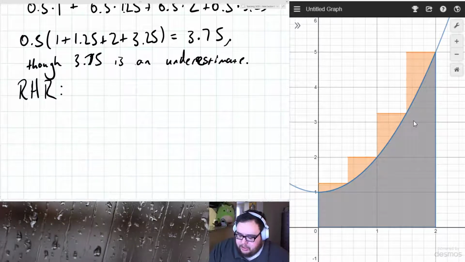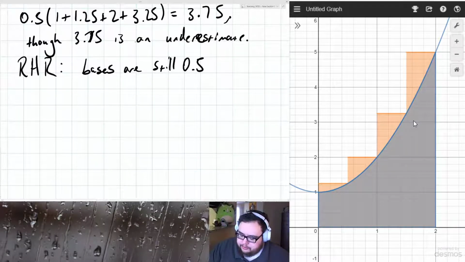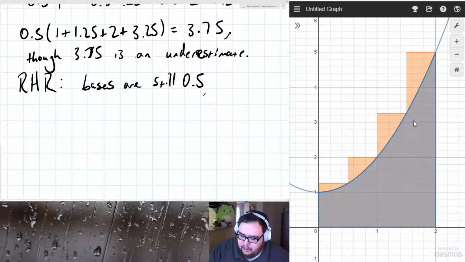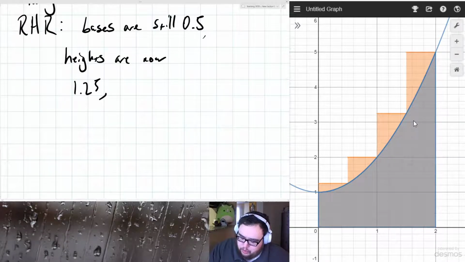the bases are the same, but the heights are now 1.25, 2, 3.25, and 5.